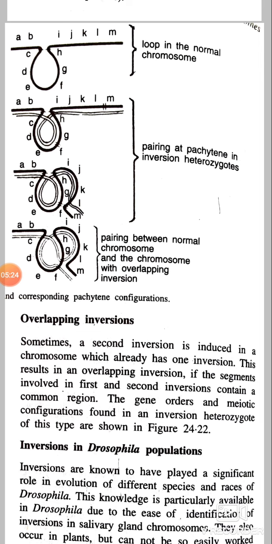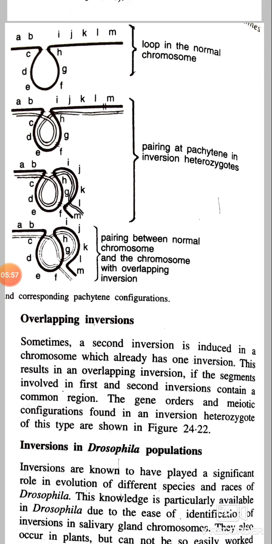And the corresponding Pachytene configuration: there is a loop in the normal chromosome, and another stage is pairing at Pachytene in inversion heterozygotes. And the third one is pairing between the normal chromosome and the chromosome with overlapping inversion.